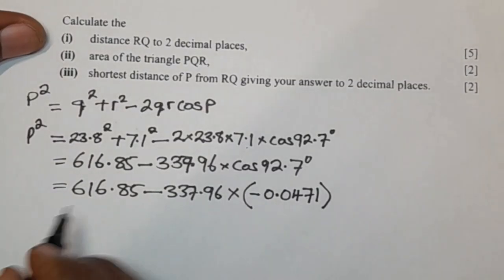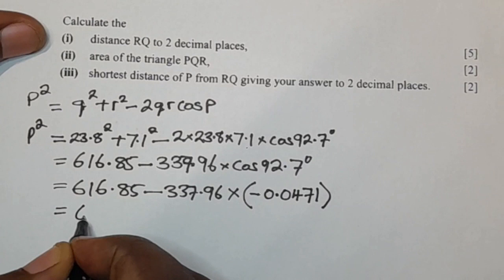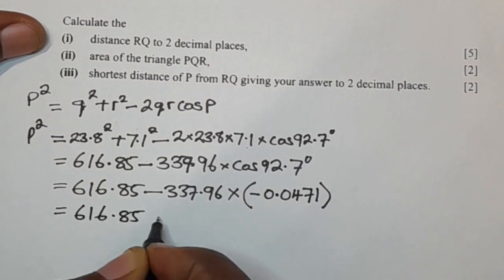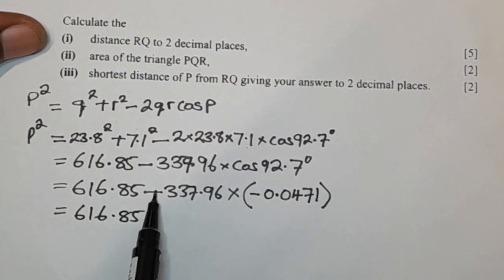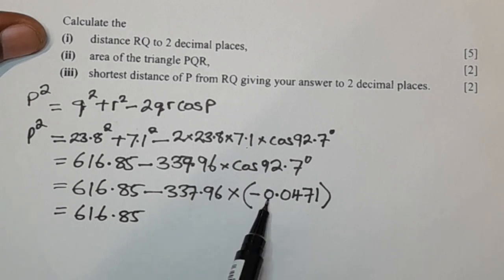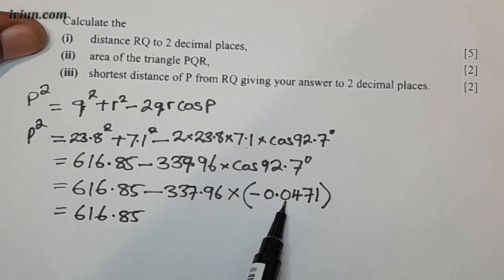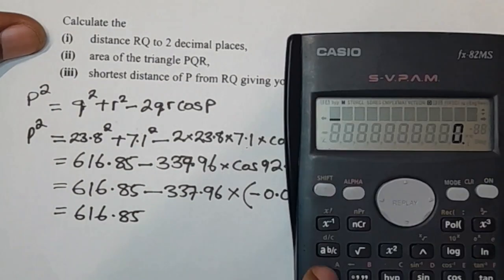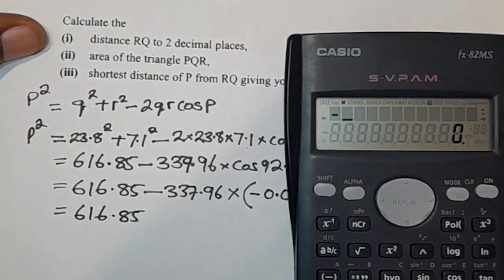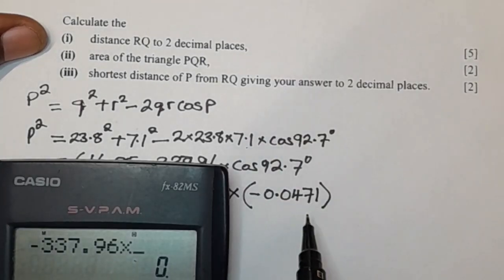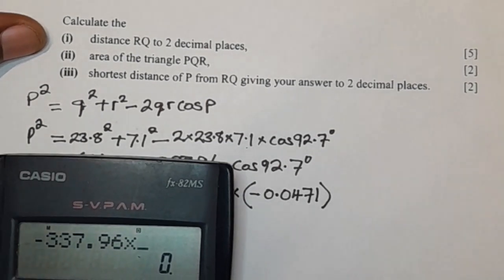Now this side you are going to have the same 616.85. Now you have two negative numbers multiplying: negative 337.96 times the cos 92.7, which is also negative. So the answer is going to be positive.